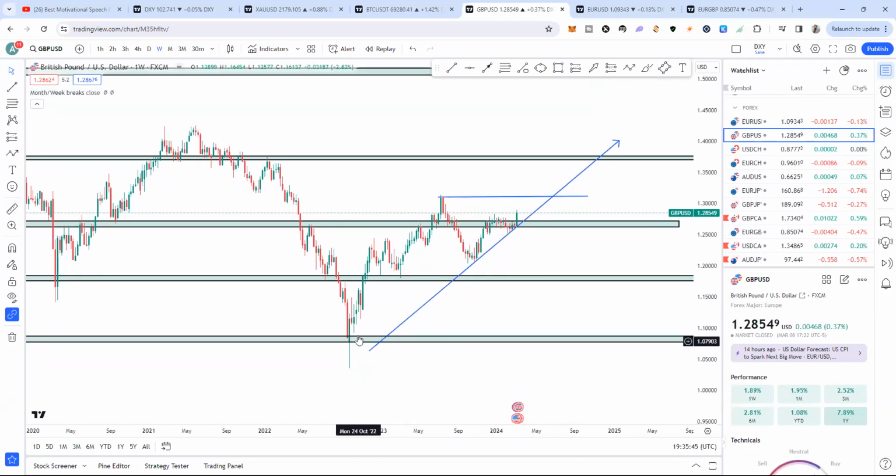If from here to here is like 1,000 pips, that means from here is 2,000. And you will notice that this doesn't happen once. This happens over time. This bottom was formed in September 2022, and we had this top in July 2023.